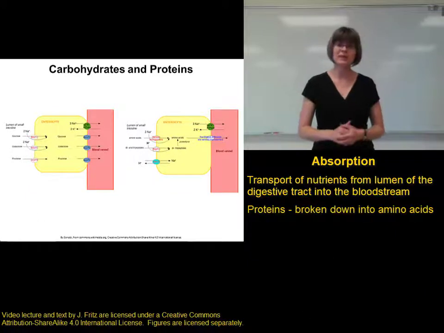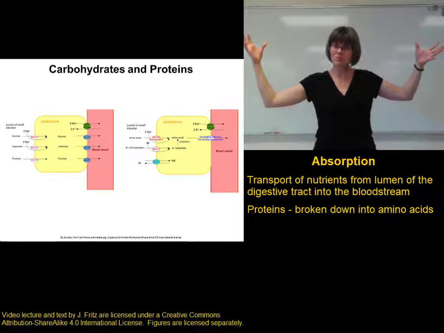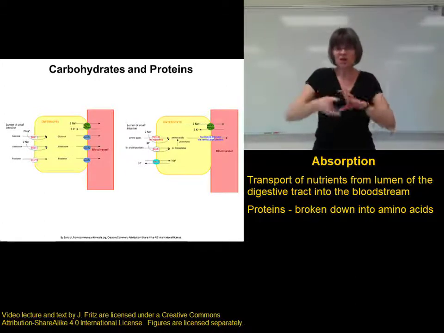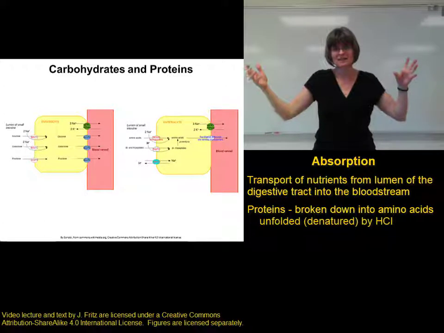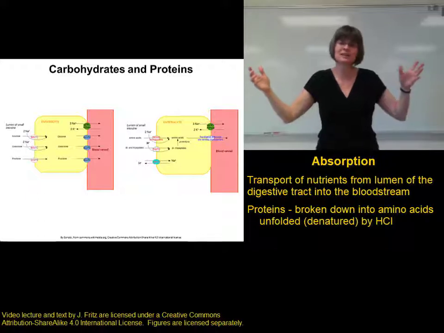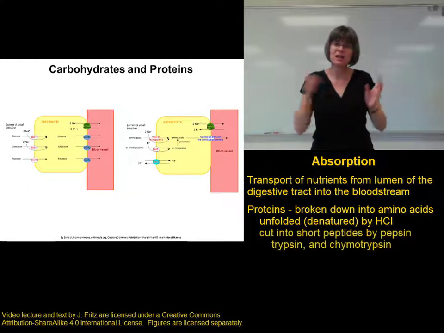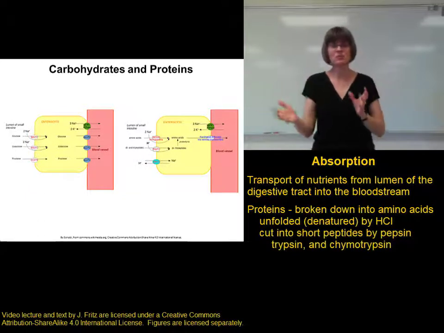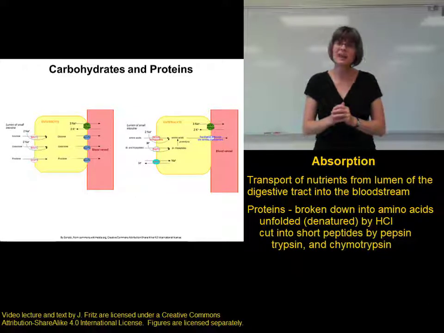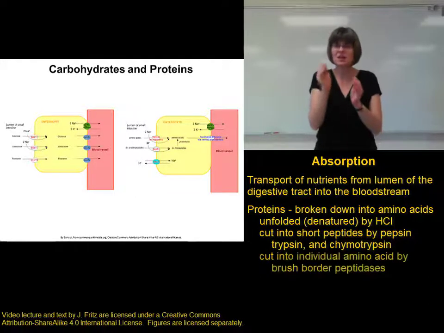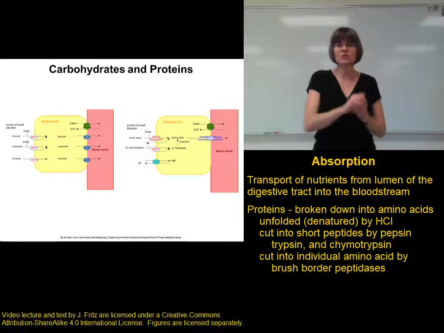Proteins work much the same way. We start with a long protein. It goes into the stomach and it's unfolded by the denaturing action of the hydrochloric acid, chopped up by pepsin, chopped up even further by the chymotrypsin and trypsin from the pancreas, and finally the peptidases break them into individual amino acids.